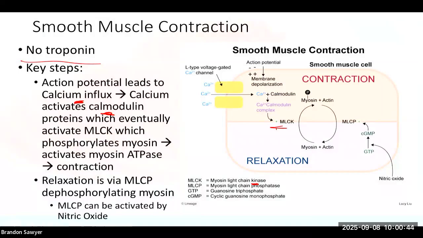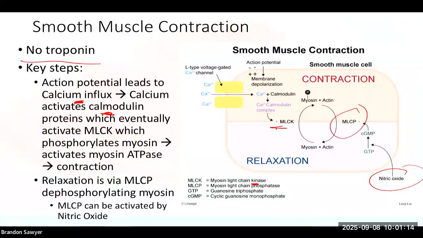Other mechanisms, like nitric oxide and other vasodilators, for example, will activate myosin light chain phosphatase, which pulls that phosphate off of the myosin and makes it relax. So just a slightly different mechanism, but it still gets the contraction happening, with no troponin. Those are the main differences there.